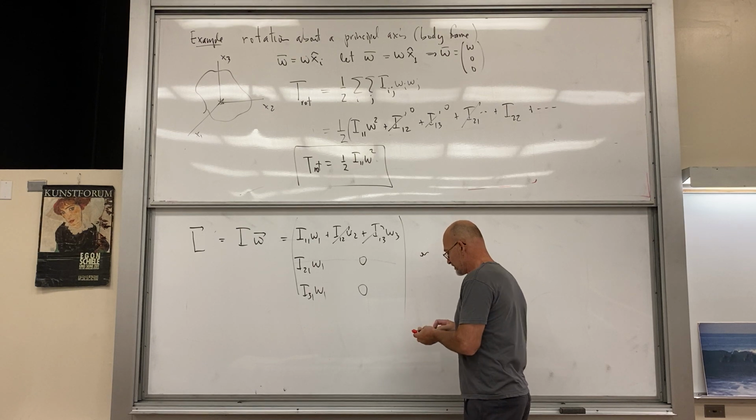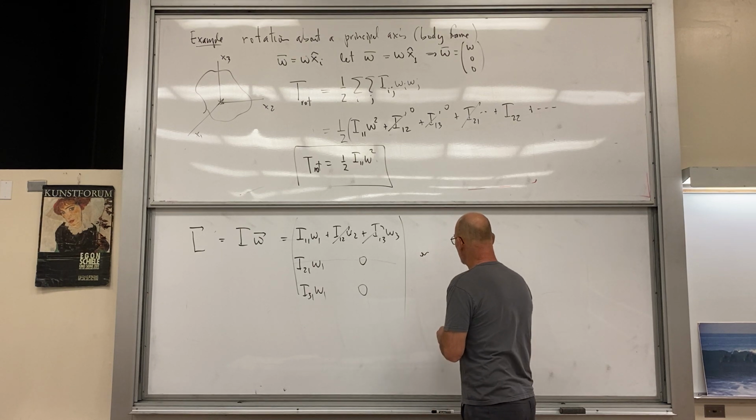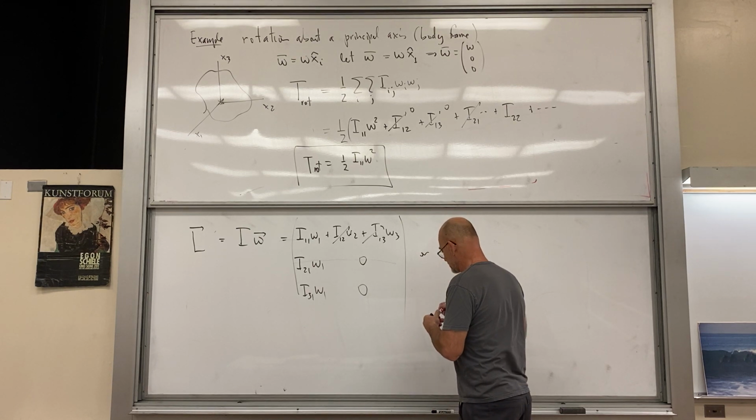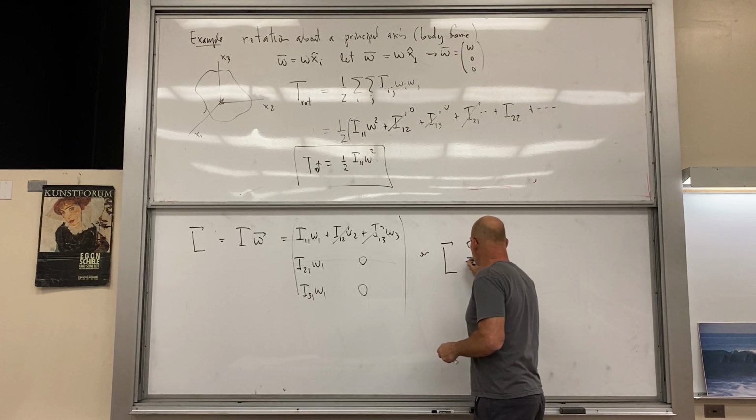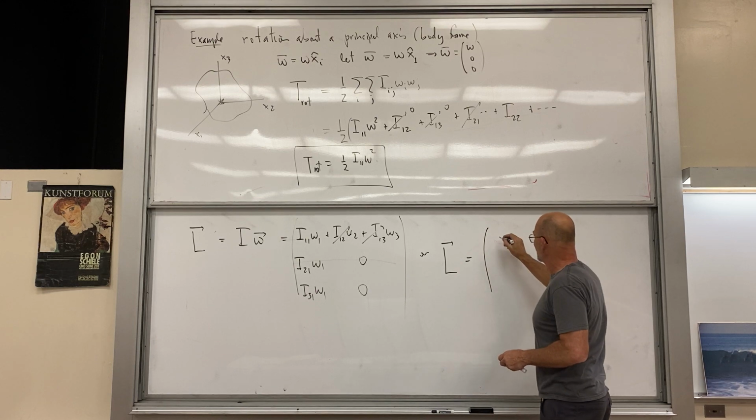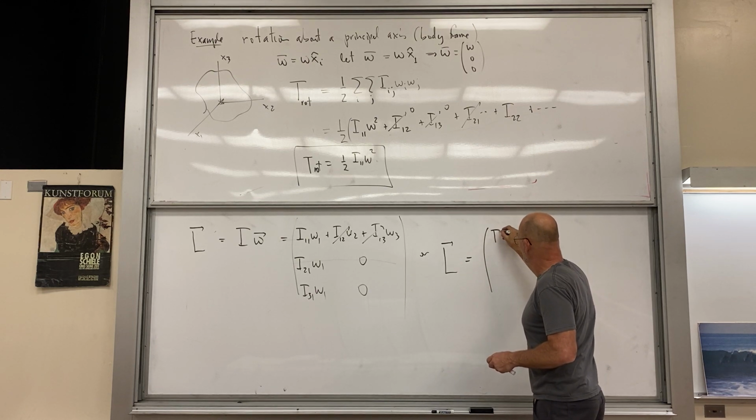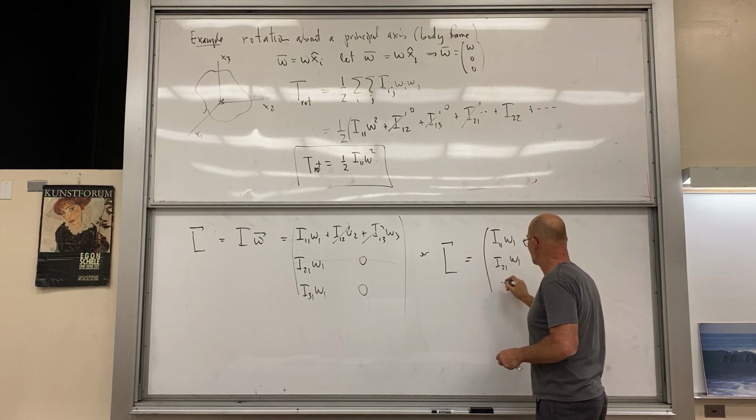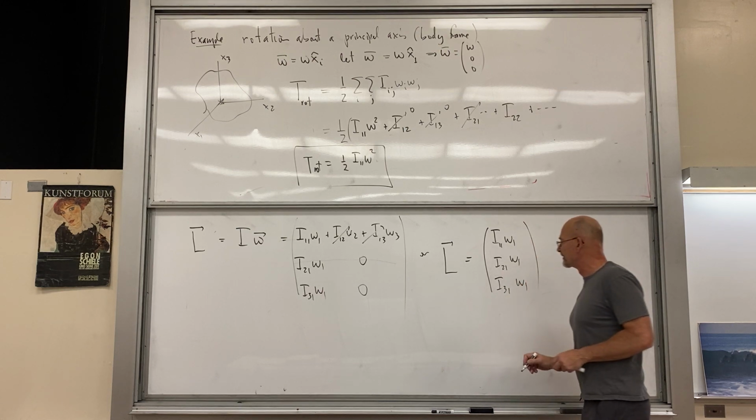For the vector L, vector L is equal to I21 omega 1.